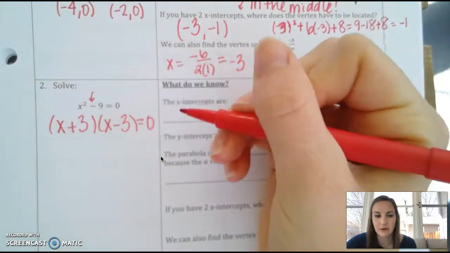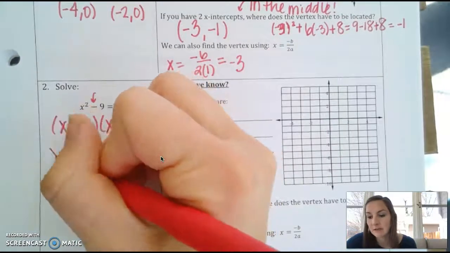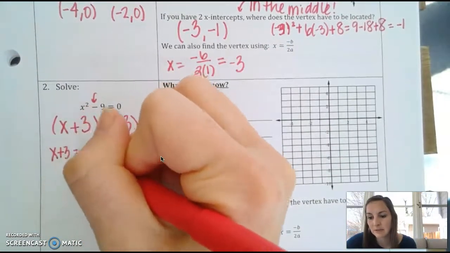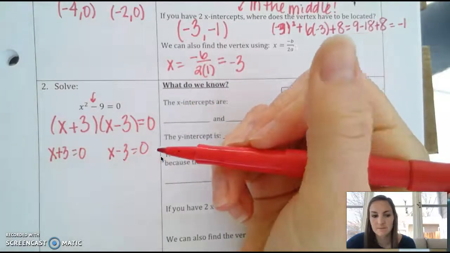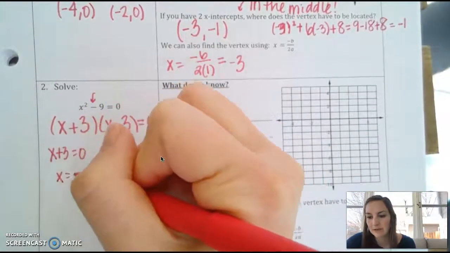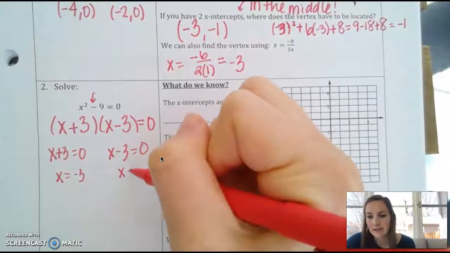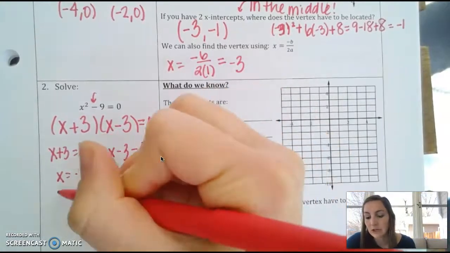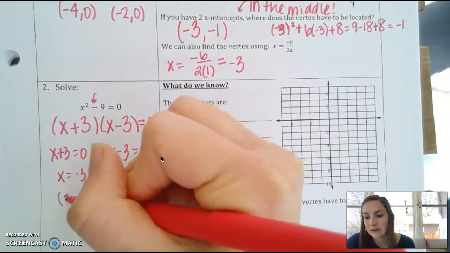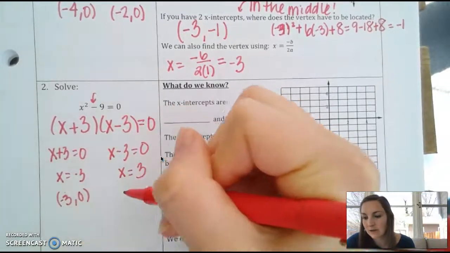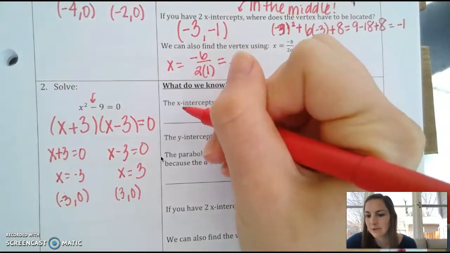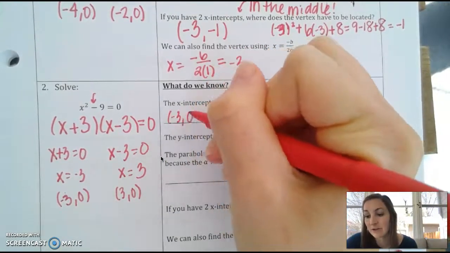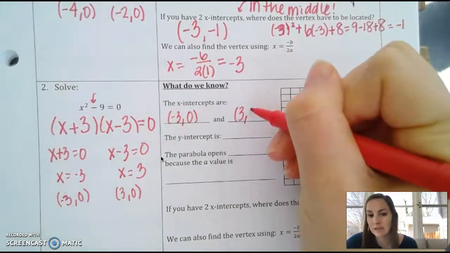And that equals 0. So we'll set each of these equal to 0. X plus 3 equals 0, and x minus 3 equals 0. So x equals -3, and x equals positive 3. So I have intercepts at -3, 0, and at 3, 0. So my x-intercepts are -3, 0, and 3, 0.